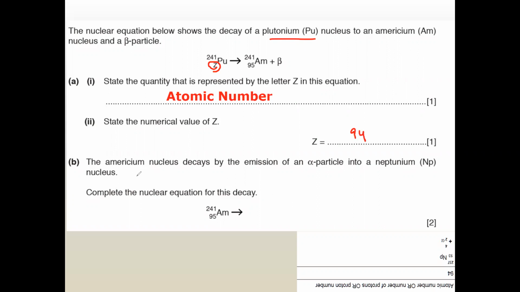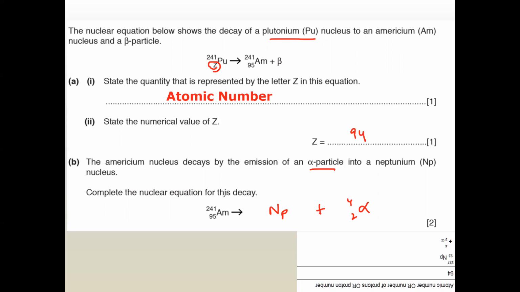The next part: the americium nucleus decays by emitting an alpha particle. Complete the nuclear equation. The americium nucleus decays by emission of the alpha particle to a neptunium nucleus. So first we write the symbol for neptunium, which is Np, and it emits alpha particles. The symbol for alpha particle is 4 and 2. Now what happens?